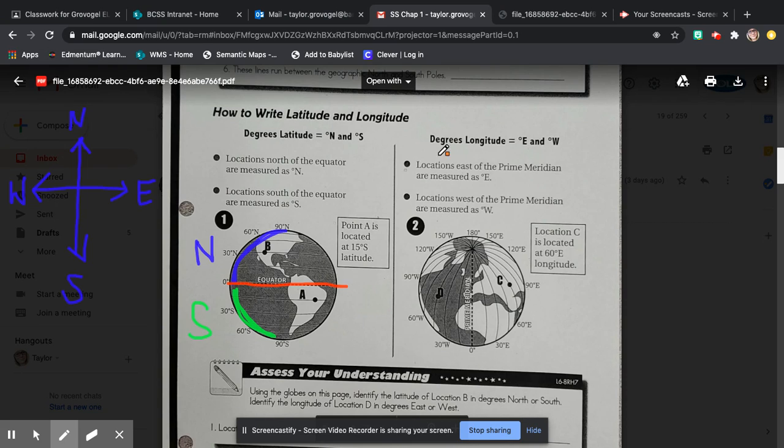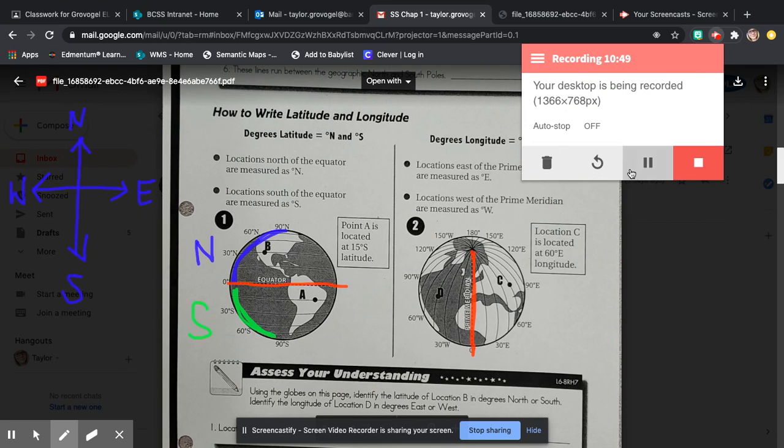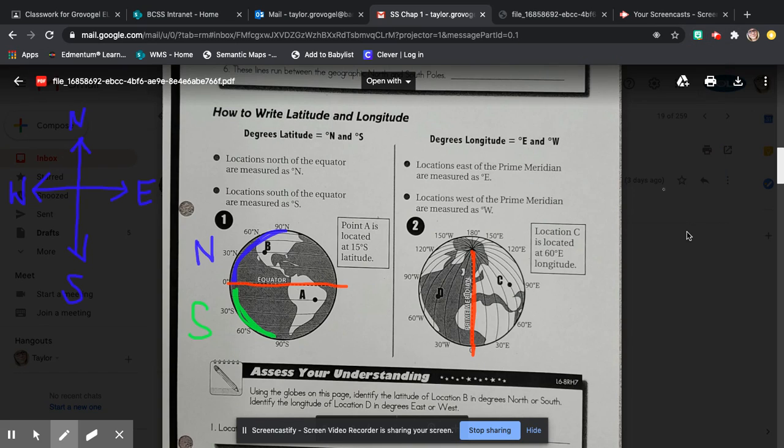So now let's look at our degrees of longitude. Before we start reading this, I'm going to highlight our prime meridian, which is our 0. Okay, so now our degrees of longitude are east and west.